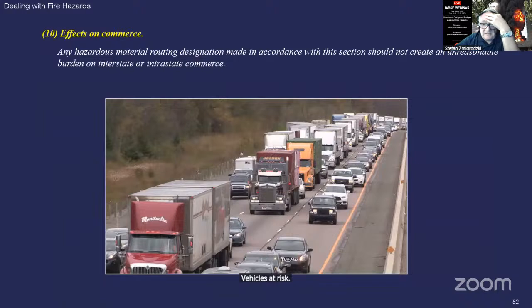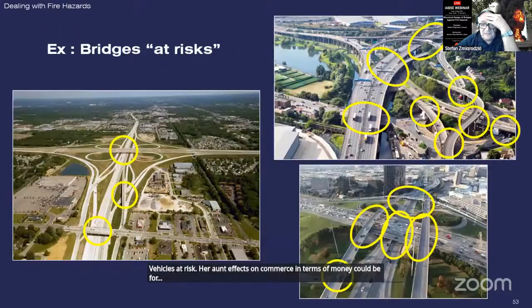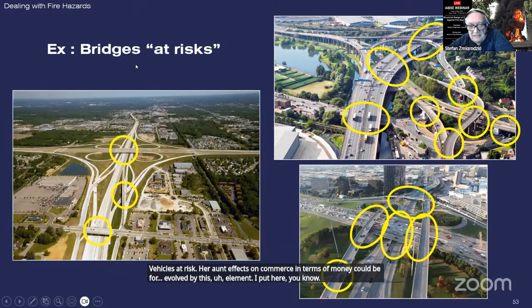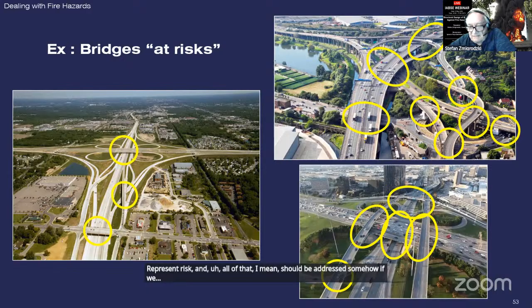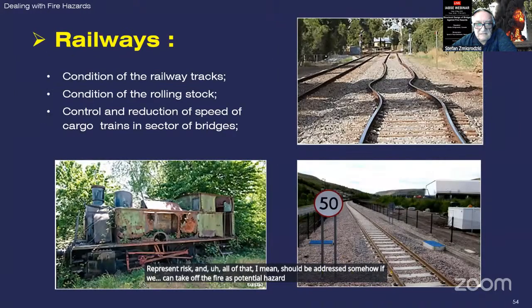And effects on commerce in terms of money could be involved by this element. I put here bridge and risk. There are many of them. So any type of intersection, any two-level or three-level construction represents risk, and all of that should be addressed somehow if we can take fire off as a potential hazard in the analysis.